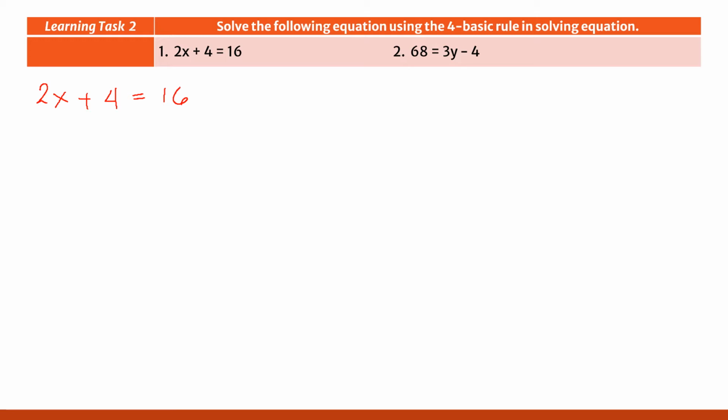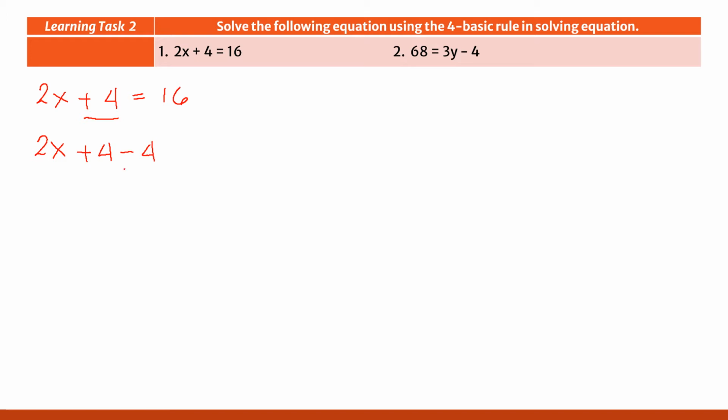So ang constant term natin dito is positive 4 or plus 4. Now, ano ang opposite ng positive 4? Para na sa ganun, matanggal natin ito. So obviously, ang opposite ng plus 4 or positive 4 ay minus 4 o yung negative 4.